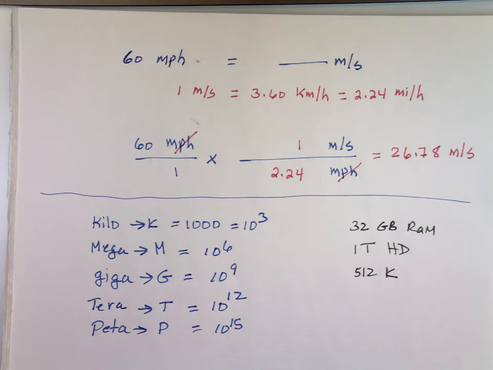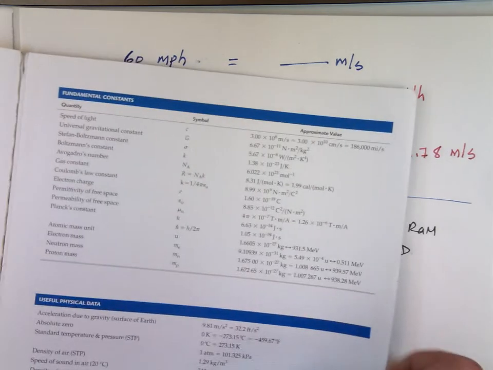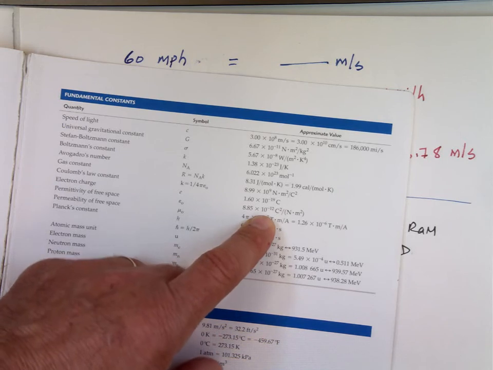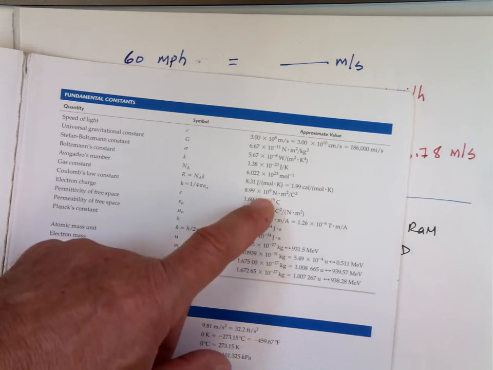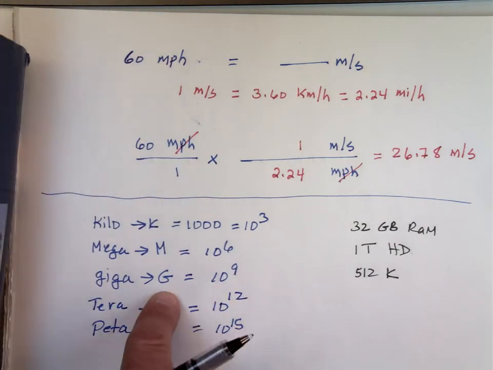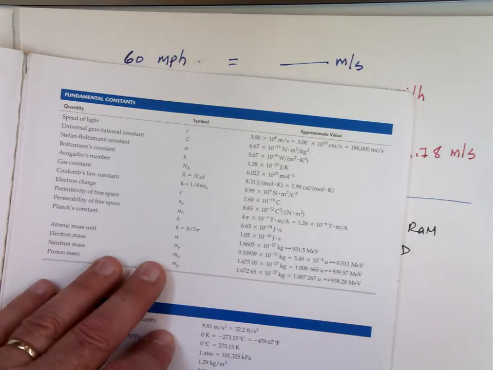You start seeing numbers like 10 to the 9, 10 to the minus 19, 10 to the minus 12. Well, instead of writing 10 to the 9th, they might use 8.99 G, which means times 10 to the 9th.